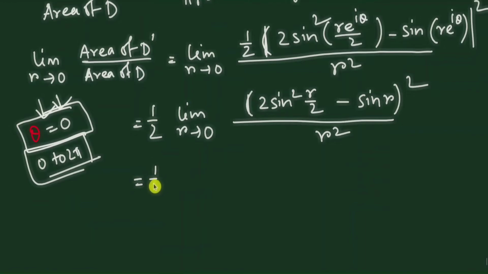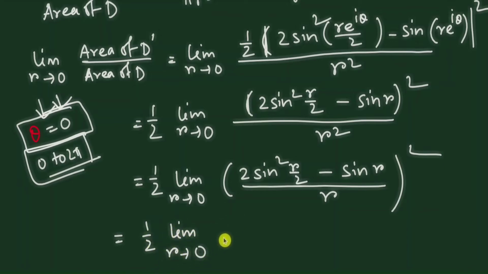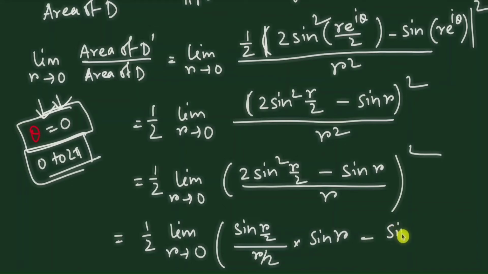So this is equal to 1 by 2 limit r tends to 0 of 2 sine square r by 2 minus sine r by r whole square. This is equal to half limit r tends to 0, and we can write it in the form sine r by 2 by r by 2 into sine r by 2, minus sine r by r, whole square.